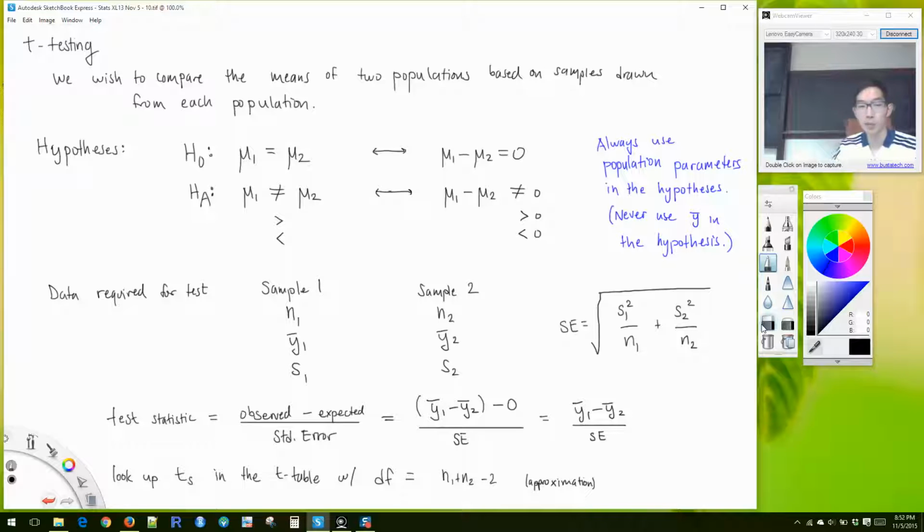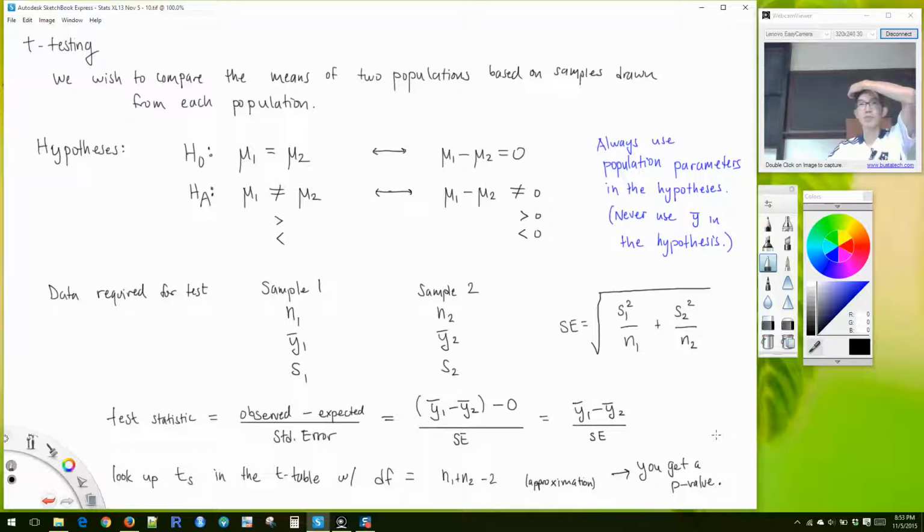Oh, I'm sorry. So when you look up the test statistic in the T table, you get a degrees of freedom. I'm sorry, not you get a p-value. Okay, you get a p-value.